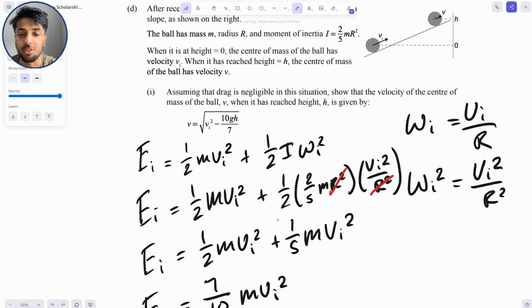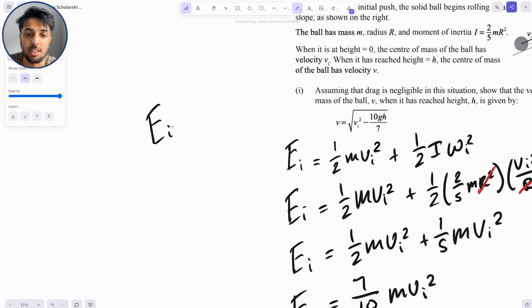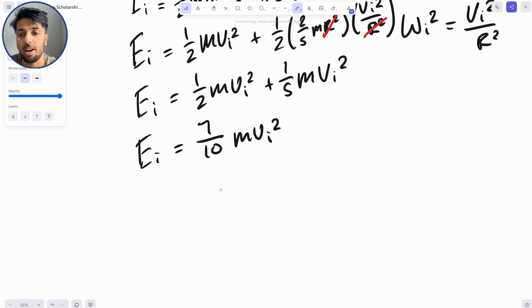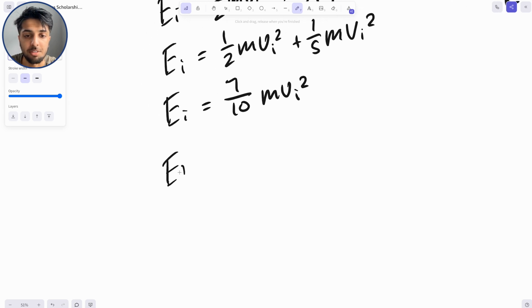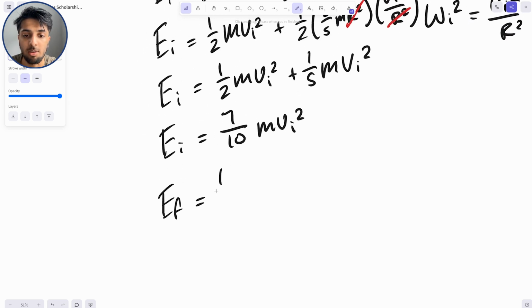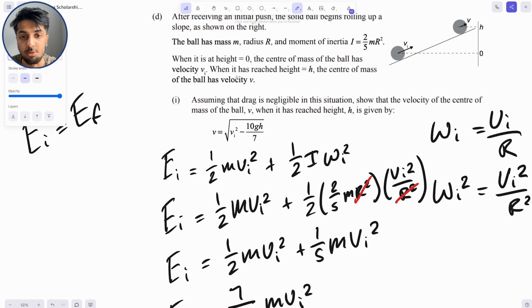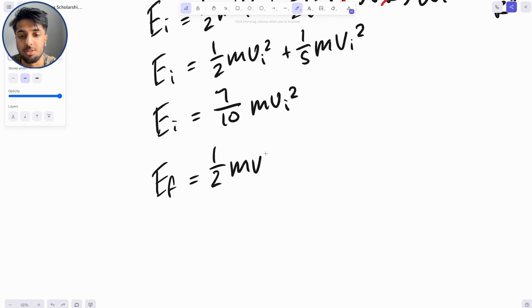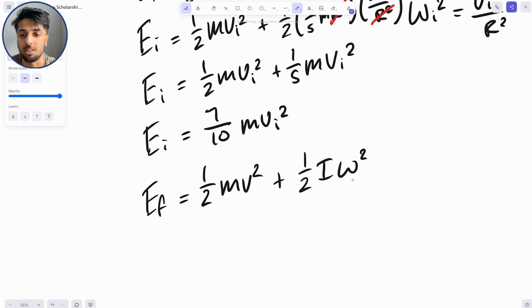So as we know conservation of energy, our energy initially is equal to our energy finally. Our final energy is equal to our linear kinetic energy, and this will just be half mv squared, because when it has reached height h, the center of mass has a velocity of v, plus our half I omega squared.